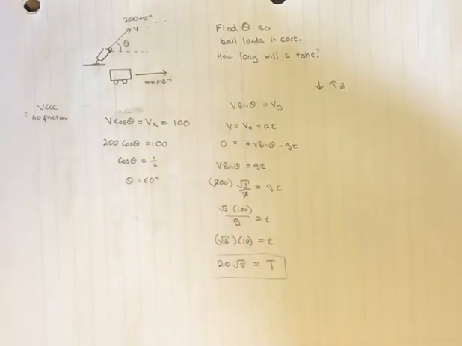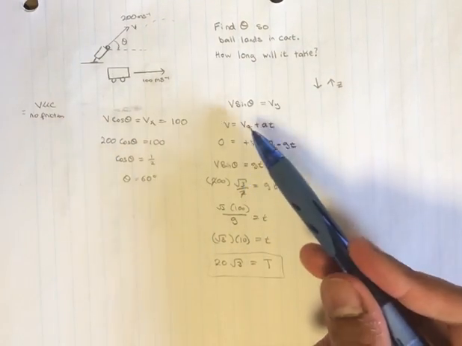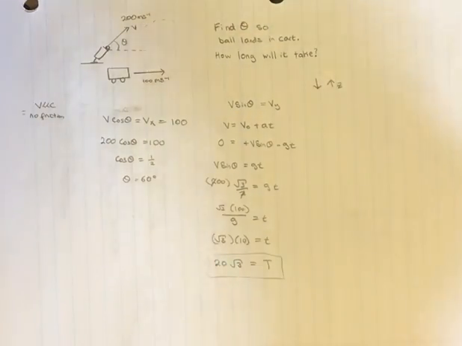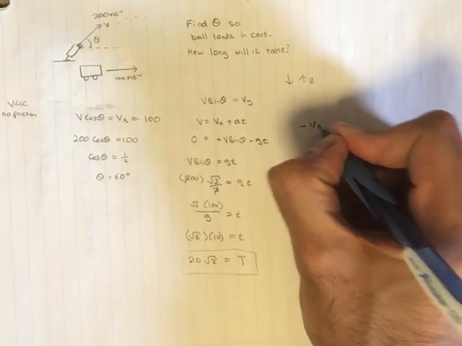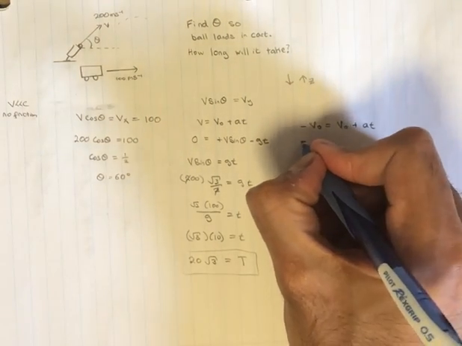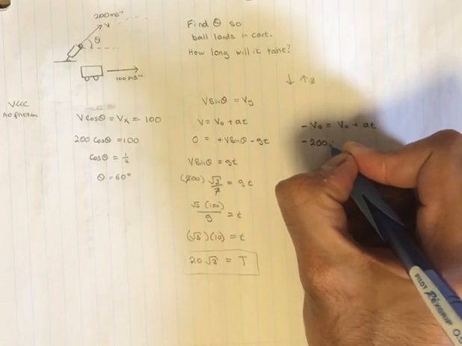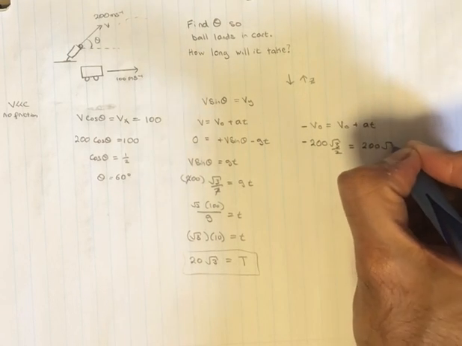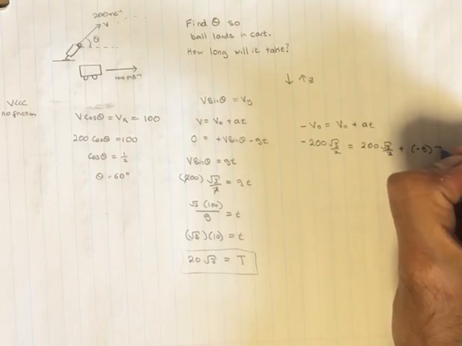Interestingly, another way you could have done this, without having to multiply by 2, is to take the final velocity to be the negative of the initial velocity, because the speed going up is the same as the speed going down. So you could have done minus v naught is equal to v naught plus at. So therefore, minus 200 times root 3 over 2 is equal to 200 times root 3 over 2 plus minus g times t.